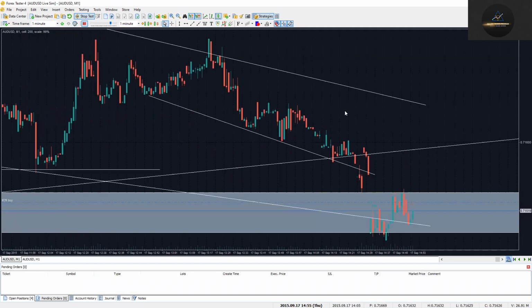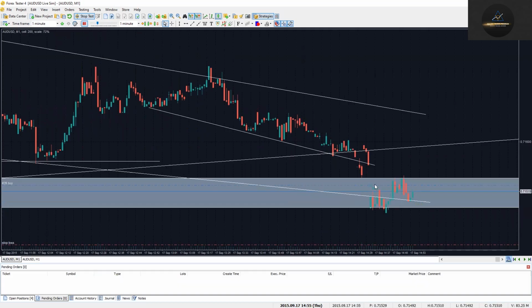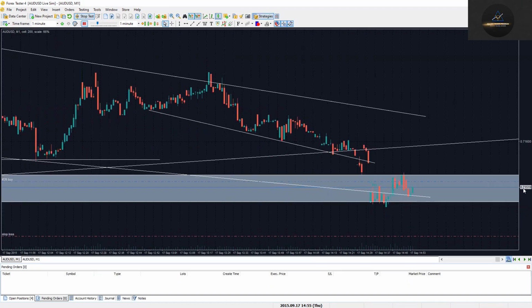Okay, let's slow it down and let's zoom in. So we got triggered in, big gap. And it looks like we've got a breaker structure on the 1 minute. So let's just keep going.